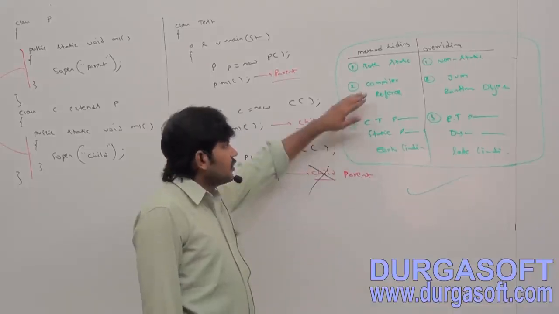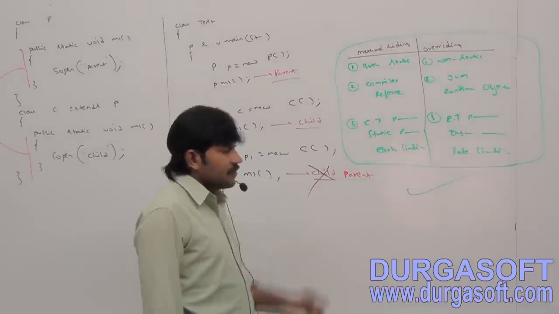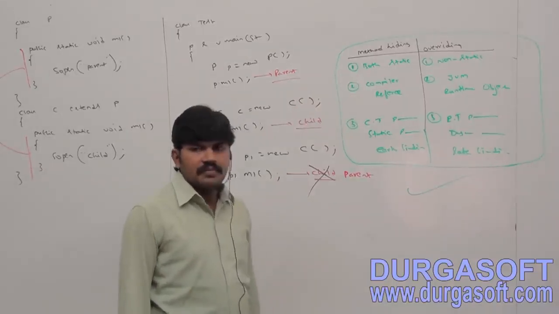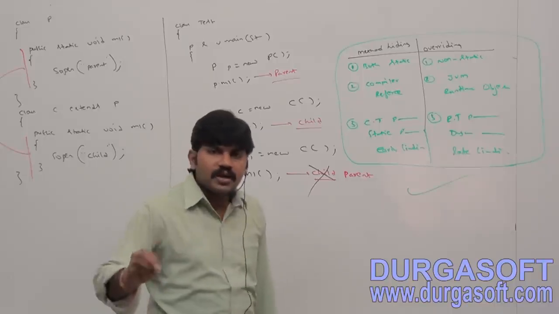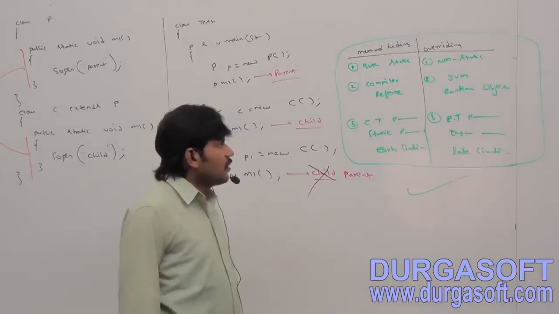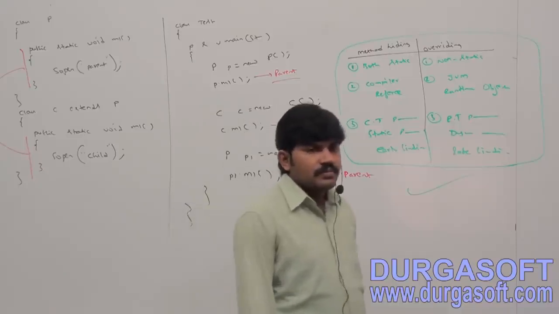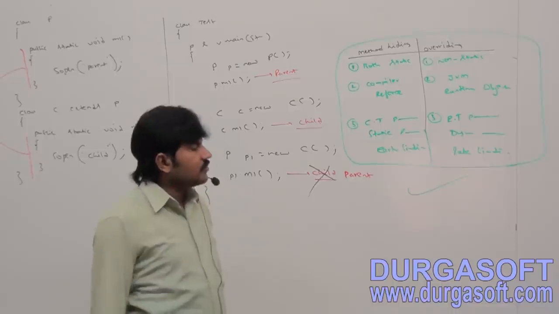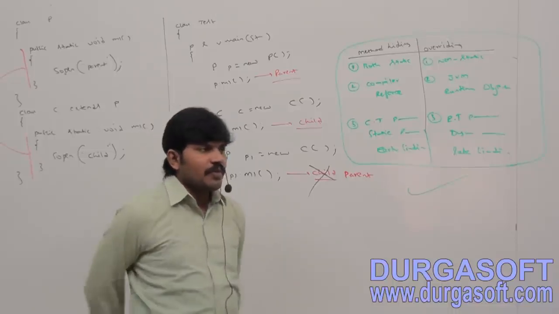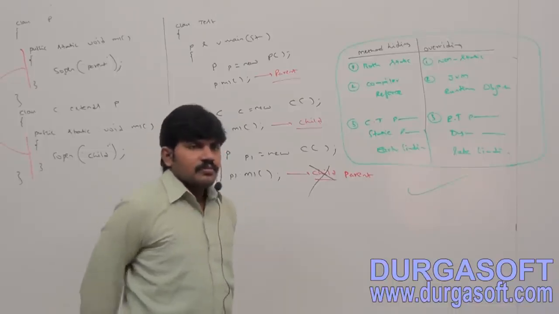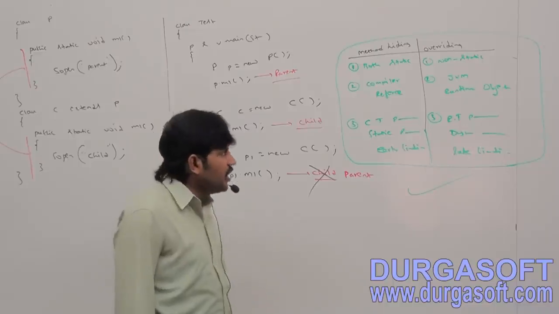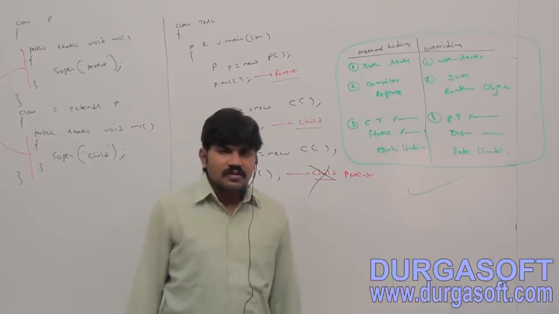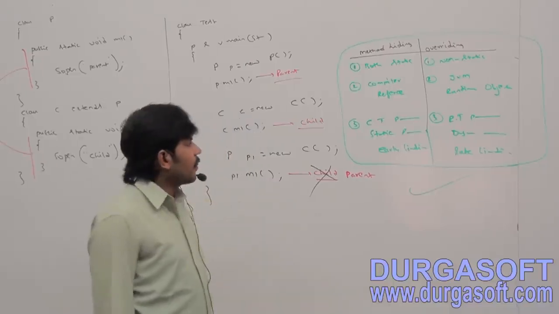Okay, first one done. Second point. Compiler is responsible for method resolution based on reference type.